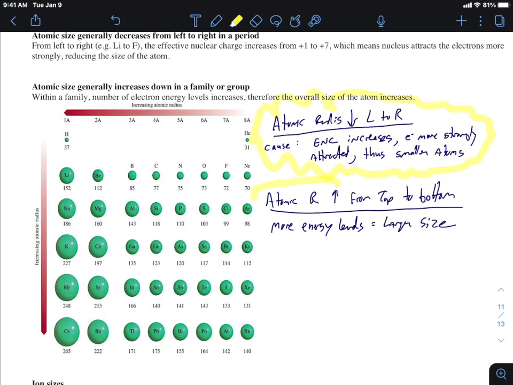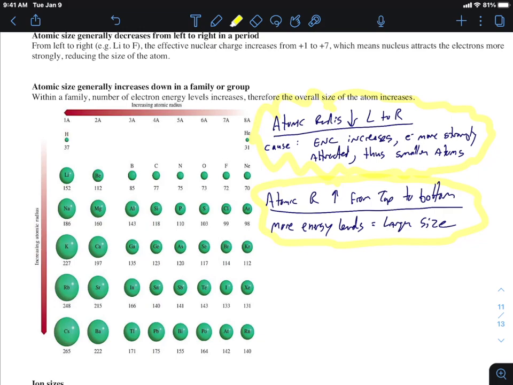The more energy levels there are, the bigger it is. And that's true for every family. It doesn't matter if it's the first column, second column, seventh, or eighth column. Are we okay with that?